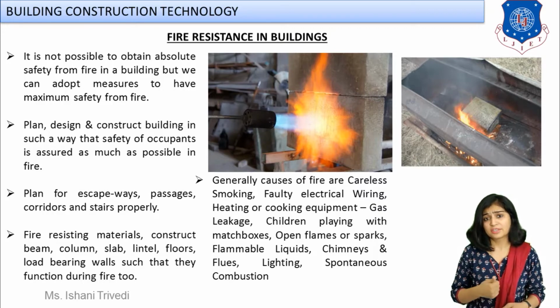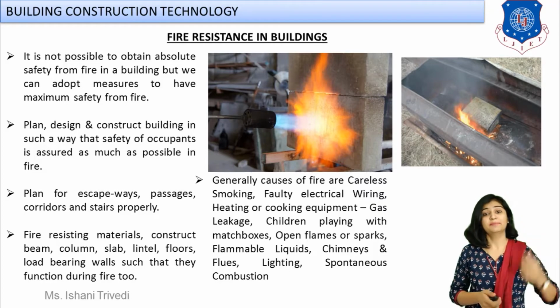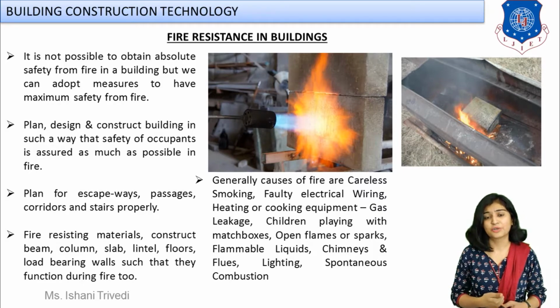Second thing is the materials, right? The structure can be made up of RCC, that is reinforced cement concrete. It can be brick masonry or stone masonry. There are also elements made up of glass, like your windows or doors or any other furniture, right? So we are dealing with all kinds of materials present in the building.